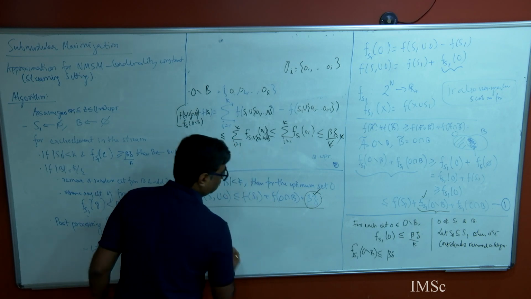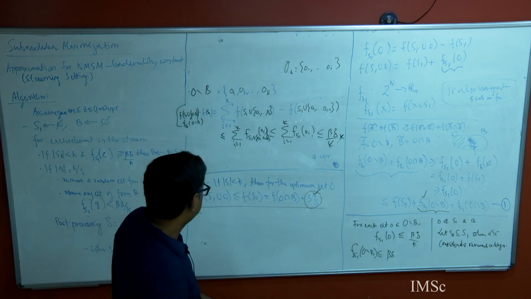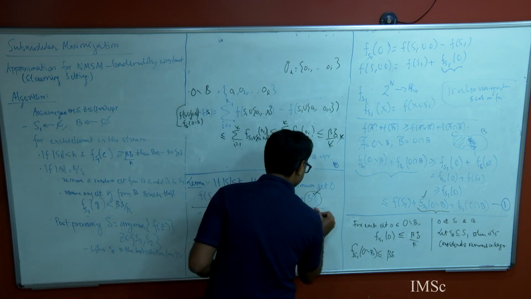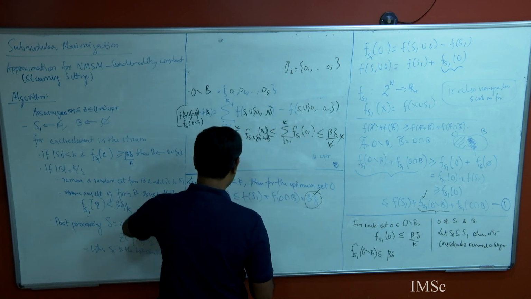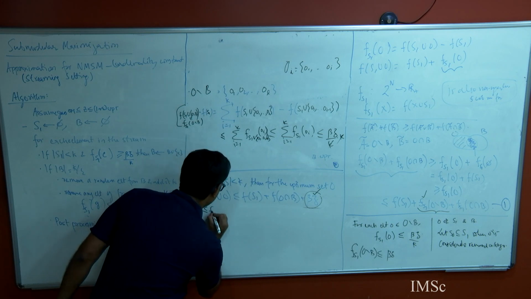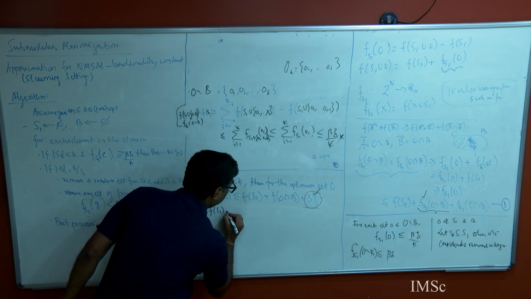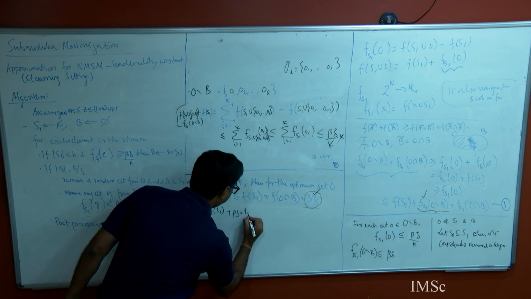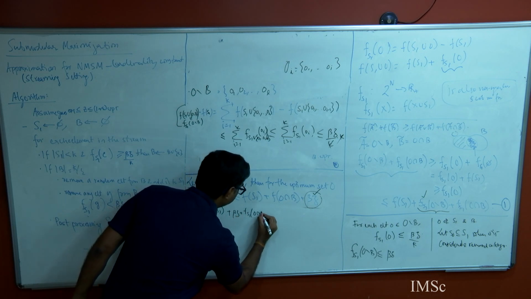So now, we have been able to show this term is less than or equal to f of s1 plus beta z plus f of s1 O intersection b.